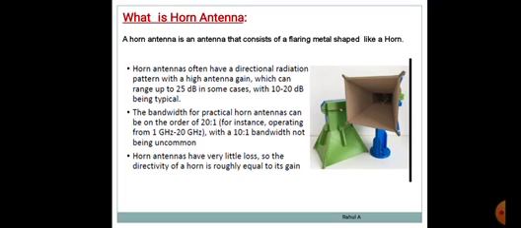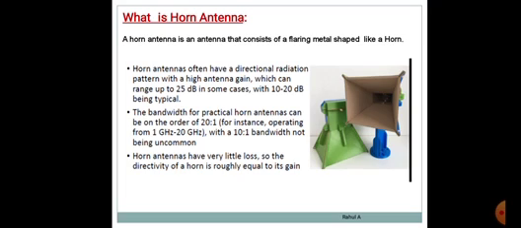Now the question arises: how can the horn antenna achieve this much directional radiation pattern? It has very high directionality, that is, directivity. Now, how is the directivity achieved?